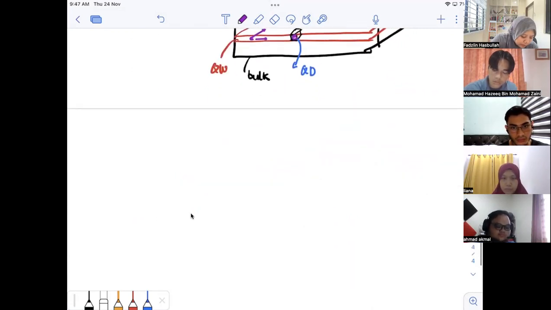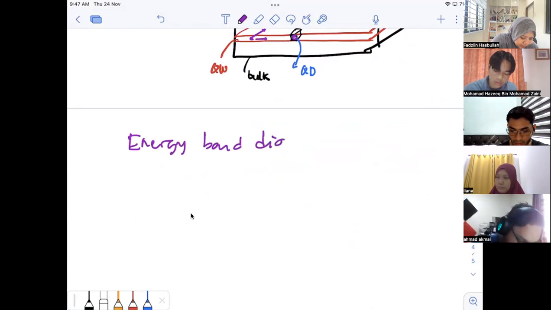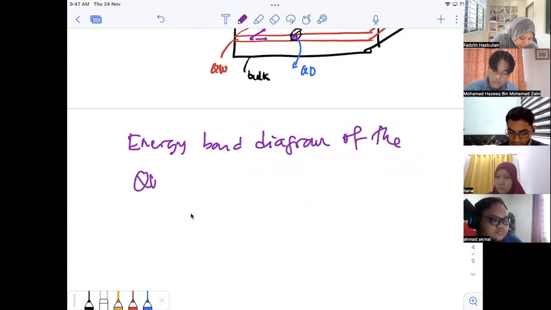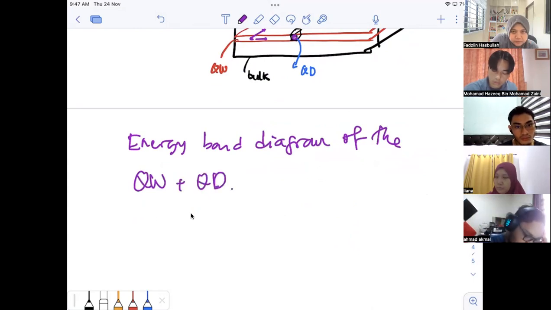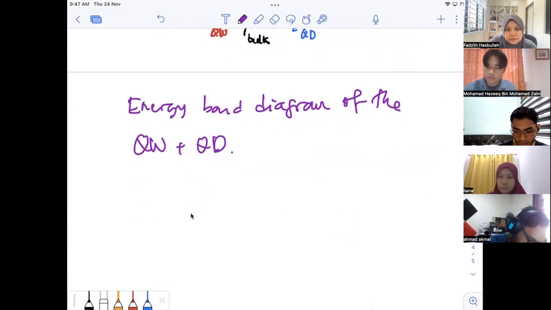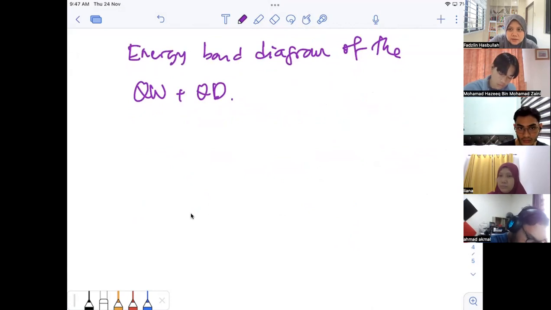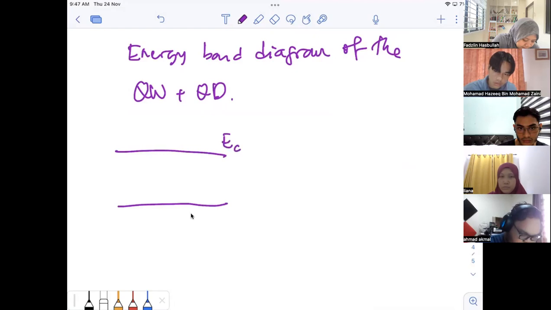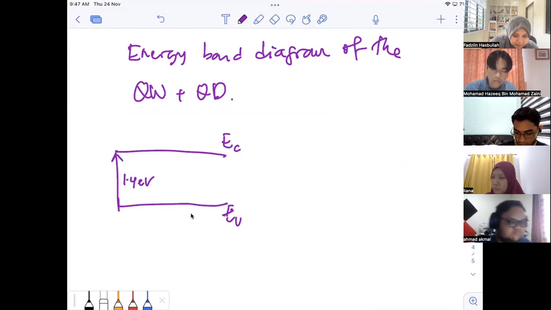So ni when I draw it structurally, you need to be able to draw the energy band diagram of the quantum well and quantum dot. How? So katalah ni bulk lah. Ni energy band diagram of the bulk. You see EV. Let's say this is gallium arsenide 1.4 eV. Okay. Ni bulk.